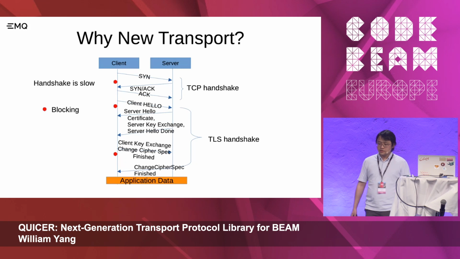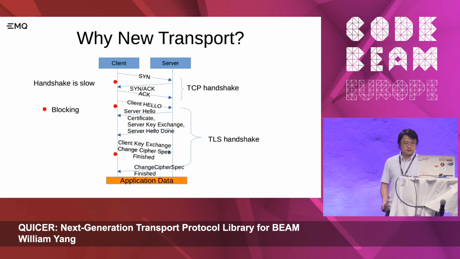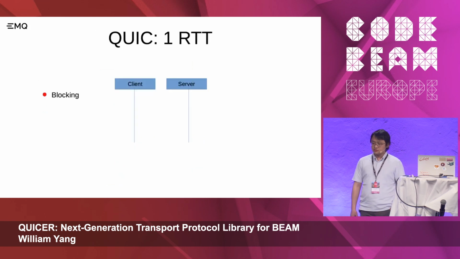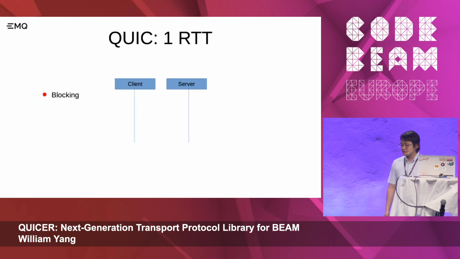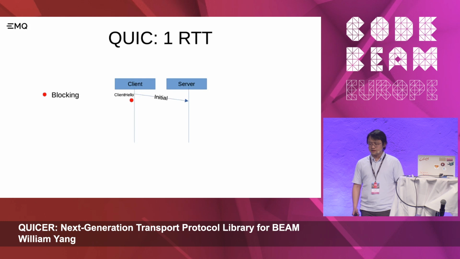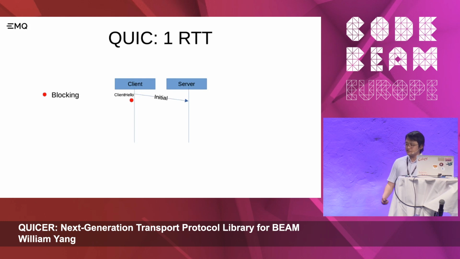As you can see, we have 3 blocking points, that is, 3 round trips needed to finish the handshake. QUIC solves it with one RTT, one round trip. Because QUIC runs over UDP, there's no need to initialize a connection or do a handshake on UDP.